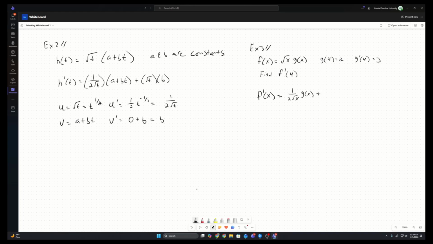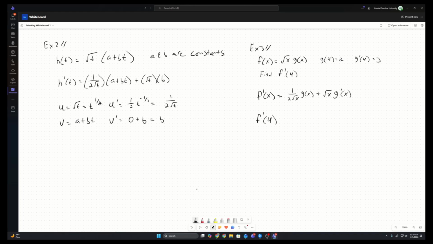Then when we do the second part, the first piece doesn't change, but the second piece, we take that derivative and multiply those together. I didn't use the UV method, but it's the same idea. Derivative of the first times the second, so the first piece changes, the second doesn't change. And then in the second half, the first piece stays the same, but we take the derivative of the second piece.